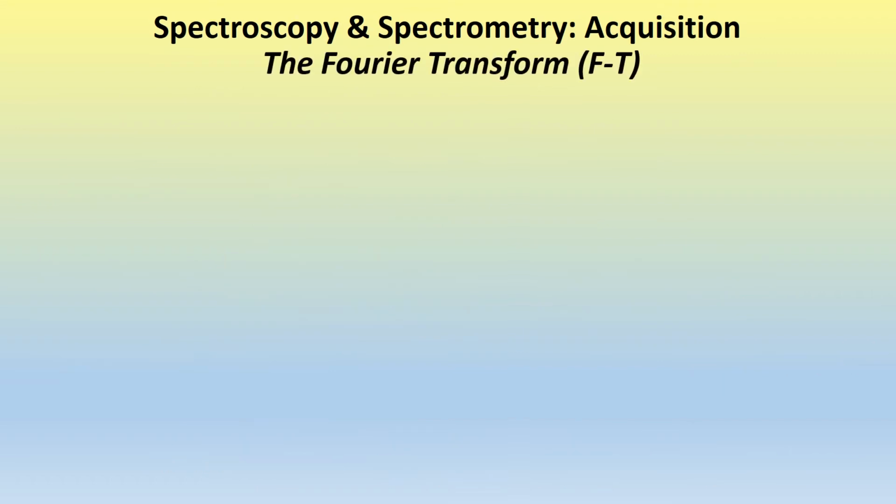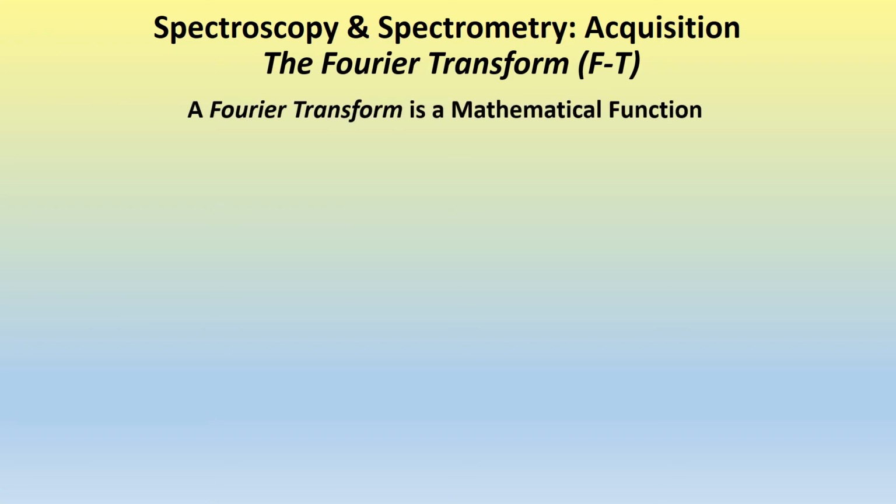The second predominant method for gathering data is called a Fourier Transform. A Fourier Transform is a mathematical function.